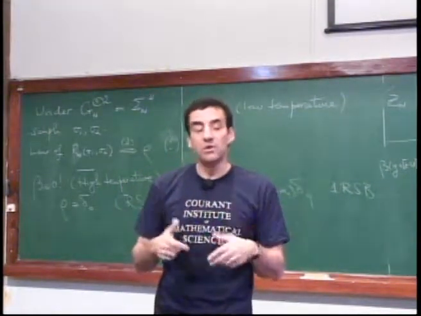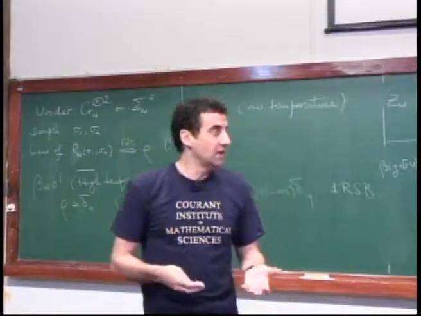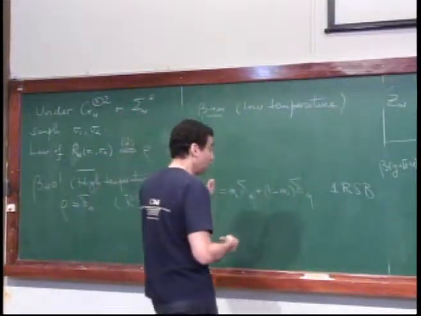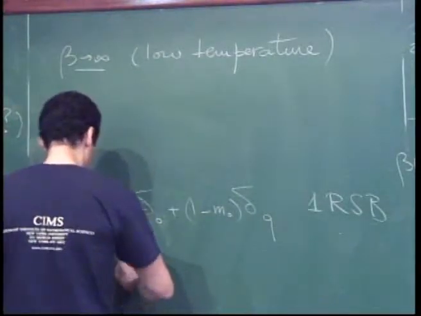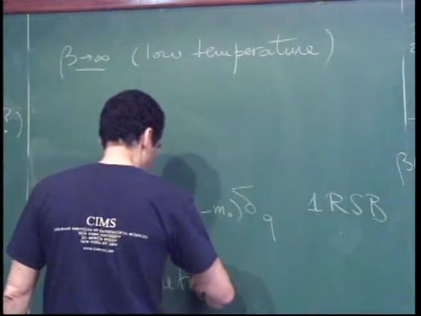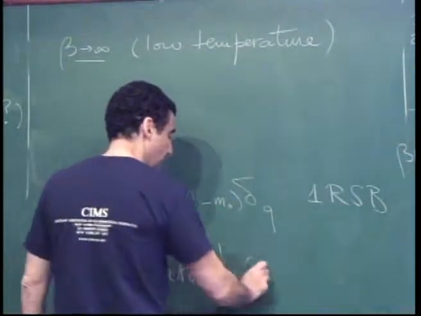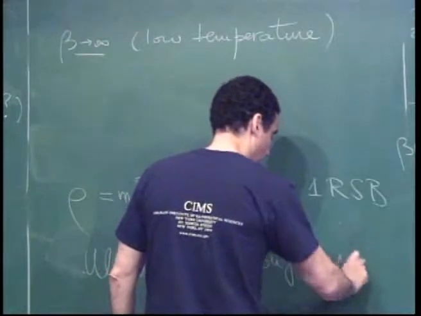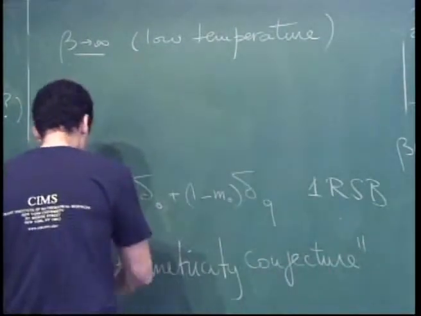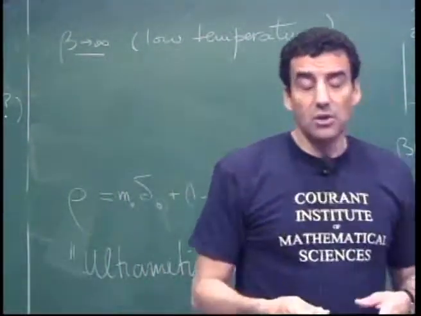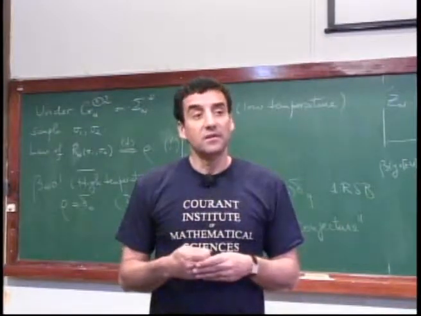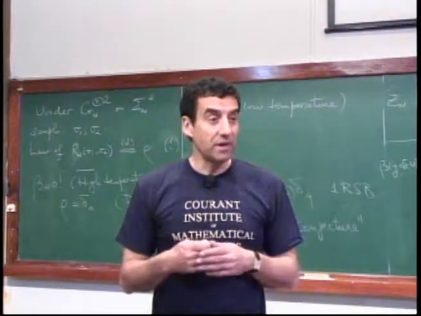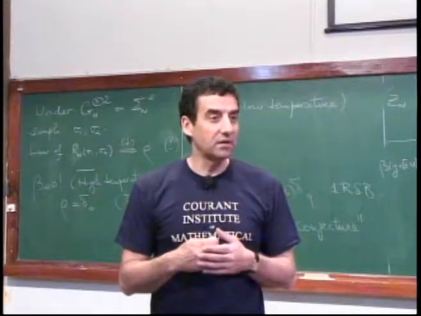So this, when you make it much more formal than what I'm saying here, is the real holy grail of the theory: to understand this ultrametricity conjecture of Parisi. The conjecture, which I will make much more precise, says that, in good cases at least, the Gibbs measure, the limiting object here, behaves in an ultrametric way. There is some kind of a tree structure behind it.